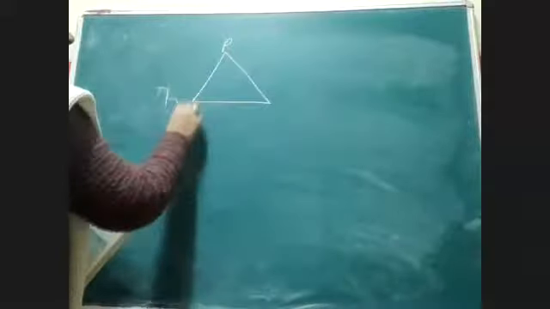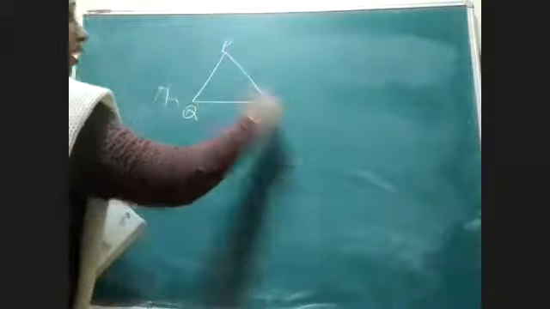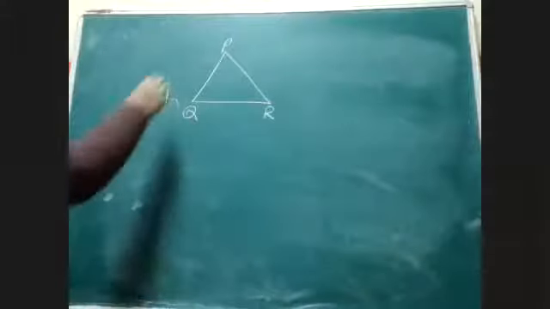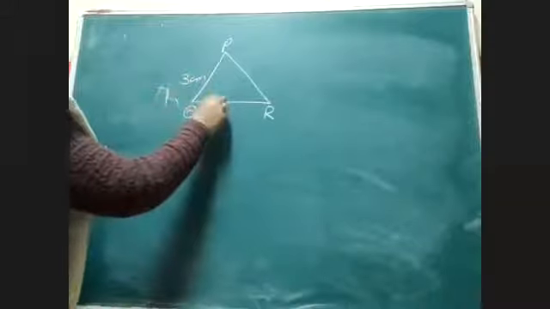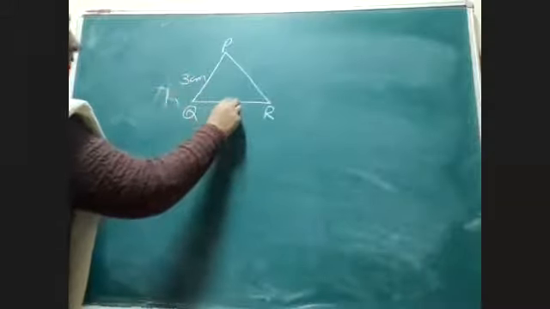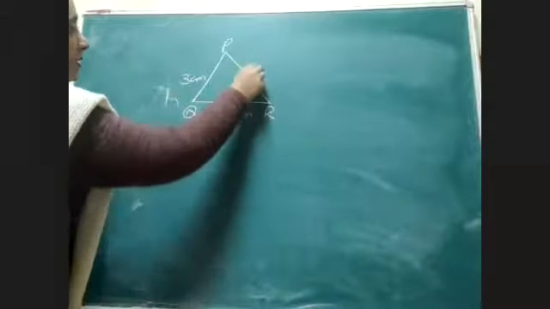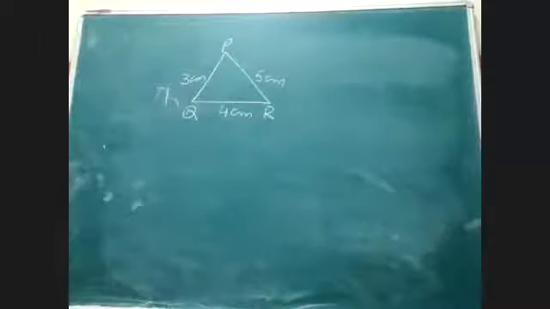Suppose we have a triangle, and suppose this side is 3 centimeter, this side is 4 centimeter, and this side is 5.